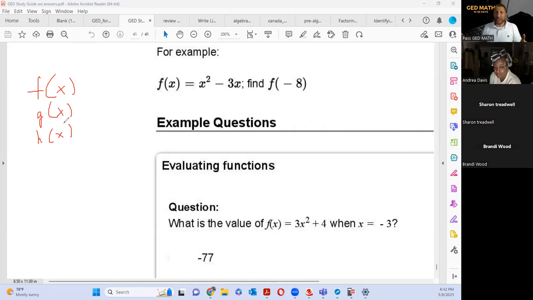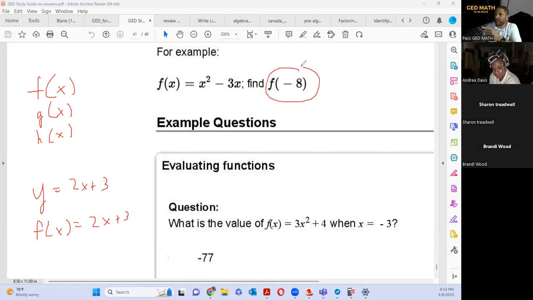Isn't that a linear equation? Yes, it is. So sometimes you can see y equal 2x plus 3. You might see f of x equal 2x plus 3. They're the same thing. The only difference is what makes something a function is for every x, there's only one y.